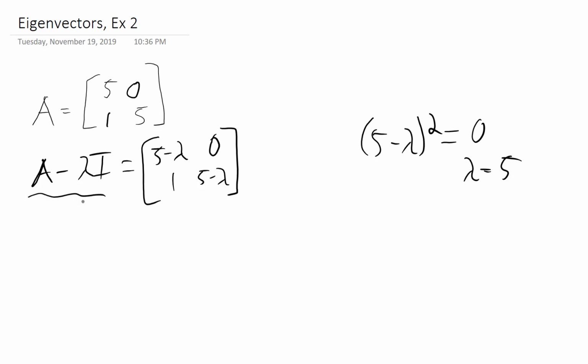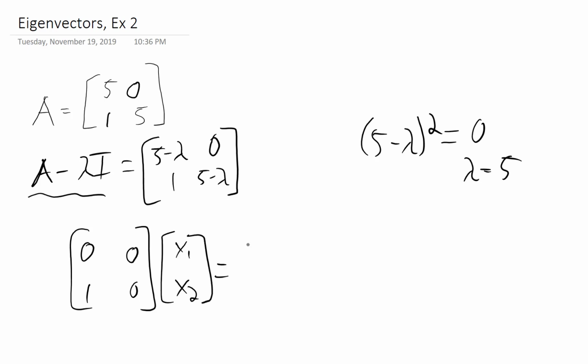I'm going to use that (A minus lambda I) times x is equal to 0 formulation, that second formulation from the first example. So let's take this with our eigenvalue being equal to 5. And what we'll see is that that makes this matrix 0, 0, 1, 0. I'm going to say that times x1, x2 is equal to 0 and 0.